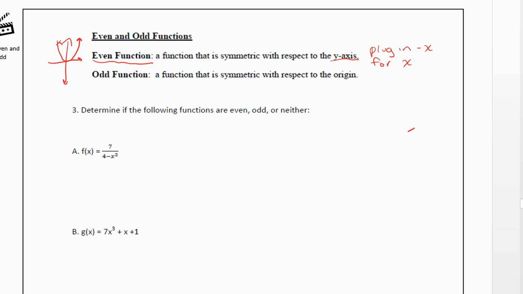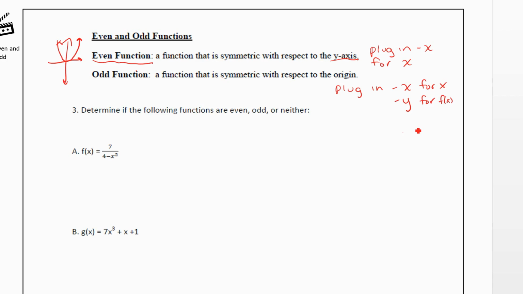For an odd function, you're going to plug in negative x for x and negative y for f of x or g of x or whatever you have, wherever the y is, and see if you get the same thing. Okay? So when you first start out, if you want to replace that f of x with y, that's totally fine. Okay, and sometimes a function won't be odd or even, so it's not quite like numbers where you can talk about it being odd or even.